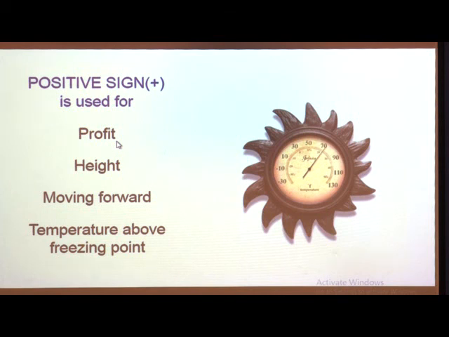Height, we usually find it above level, which is above 0 degree, so to find height we use the positive sign. Then moving forward we use positive sign, and above freezing point we use the positive sign.